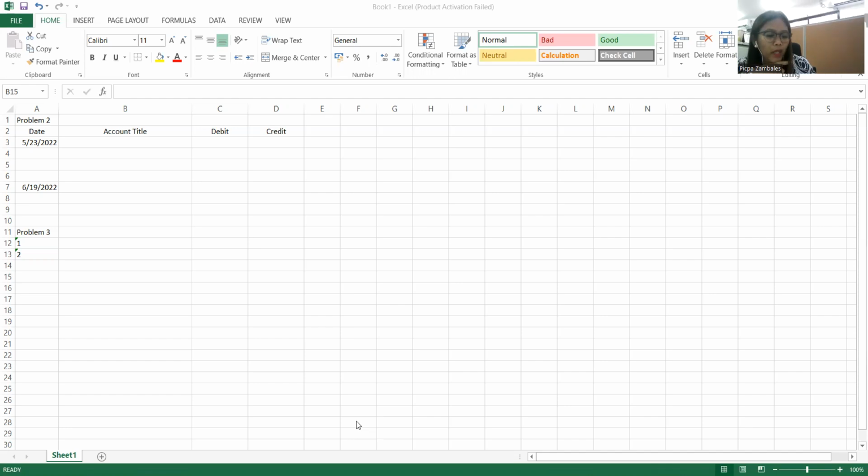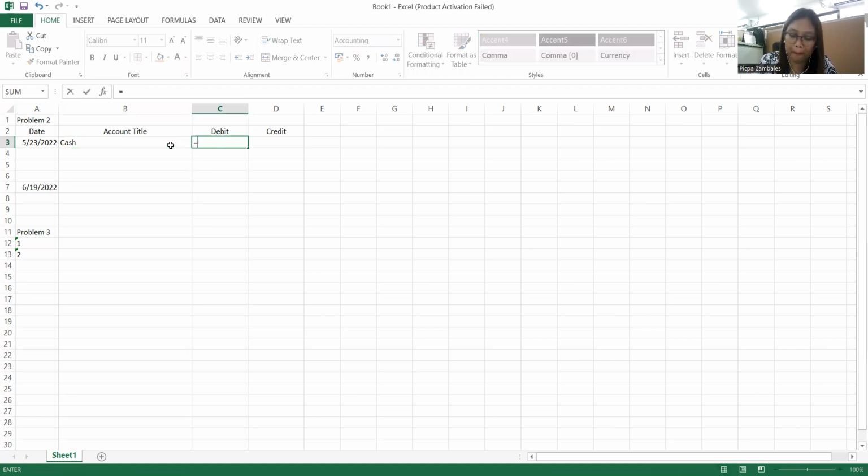Okay. On May 23, the corporation sold 4,000 shares of ordinary shares at 18 pesos per share for cash. Of course, all you need to do is record it for cash. Then you debit cash for how much? Let's compute using your own calculator: 18 pesos times 4,000 shares.